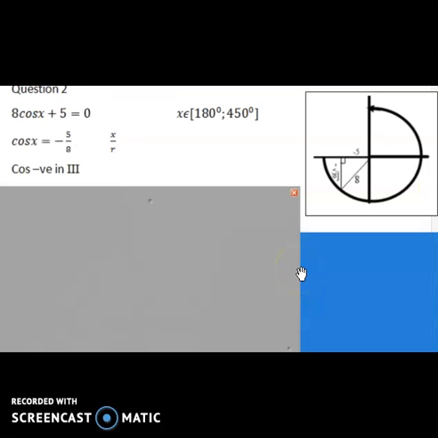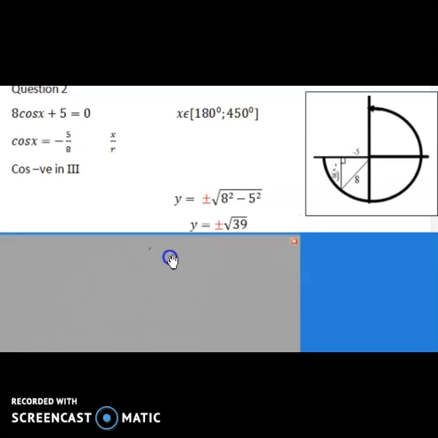So the value of y is the square root of 8 squared minus 5 squared. So 8 squared is 64, 5 squared is equal to 25. 64 minus 25 is equal to 39.